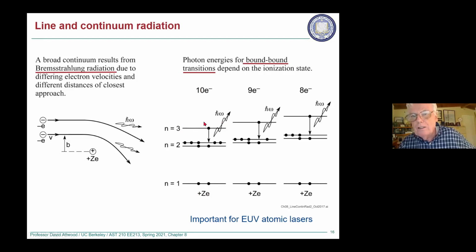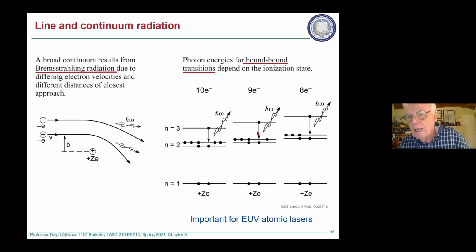So there was not only ionization to remove some electrons, but there's also impacts which would excite the ion to go from one of the electrons going from n equals 2 to n equals 3, but eventually going to drop back down and give off a photon that's appropriate for that energy difference, okay? But this is when you've got 10 electrons, this thing could be further heated by impact or further ionized by impact from one of these free electrons coming near this ion, and now there's only 9 electrons.